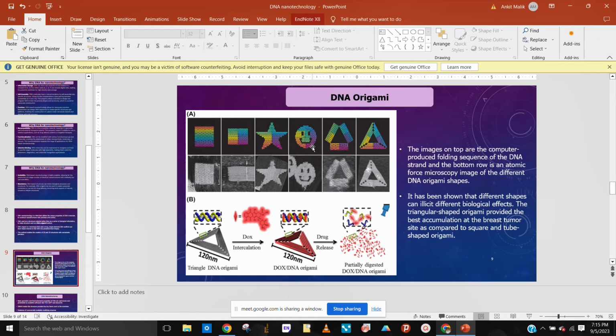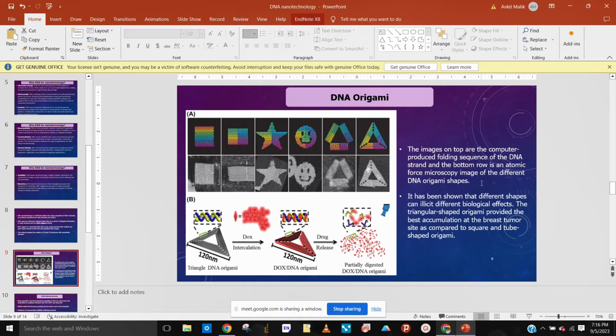The images on top are the computer-produced folding sequences of the DNA strand, and the bottom row is the atomic force microscope image of different DNA origami shapes. The first are the shapes made from computer, and the second are the images taken from atomic force microscopy, AFM, which I told you about in the last meeting. This is the same AFM.